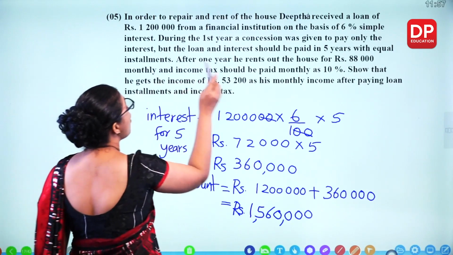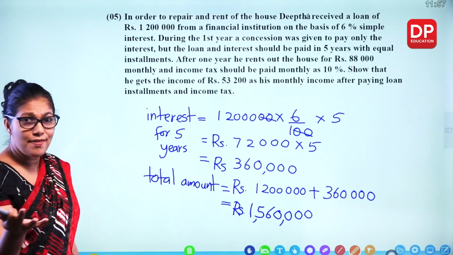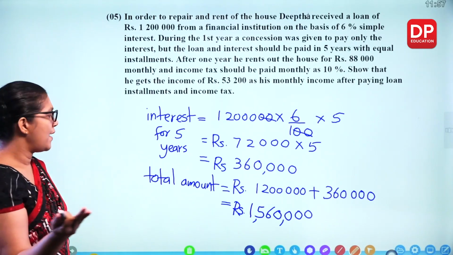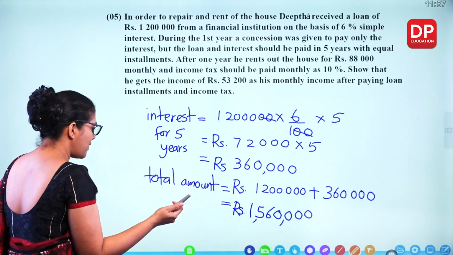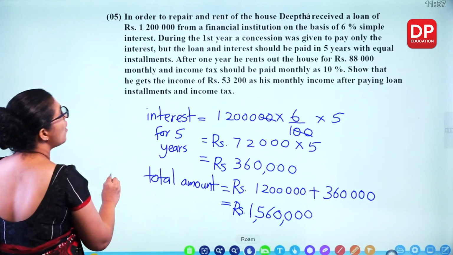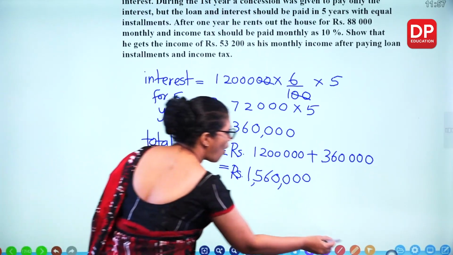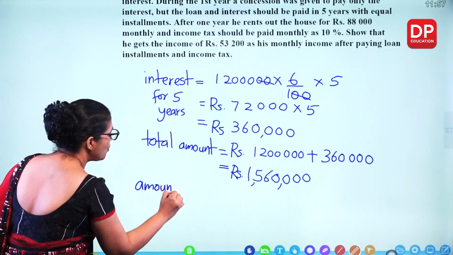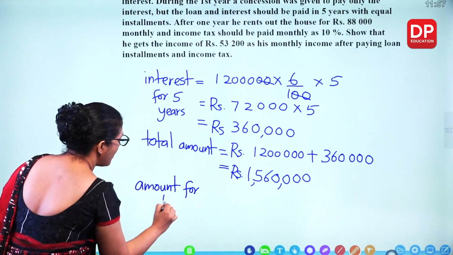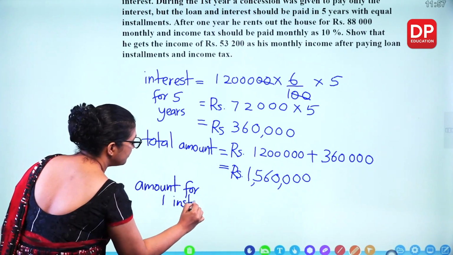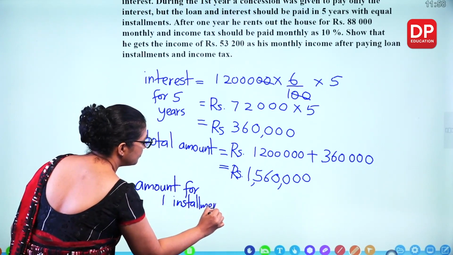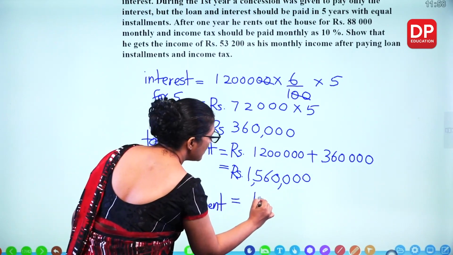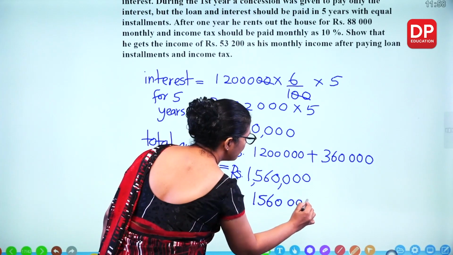So that means altogether how many months are there? 12 times 5. 60 installments are there. So you can find out the amount for one installment. Divide by 60.